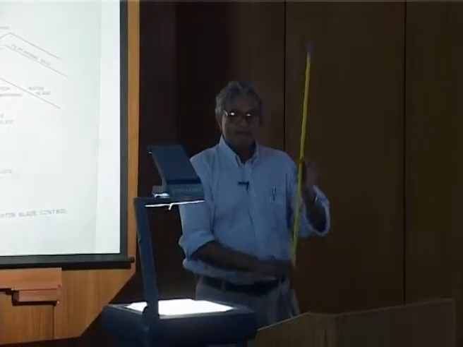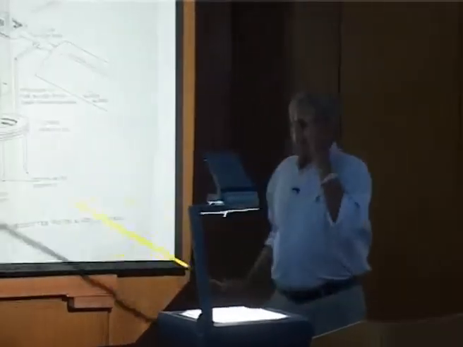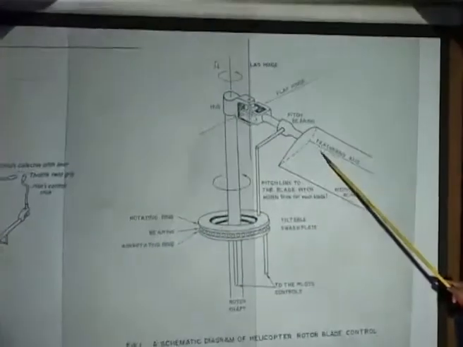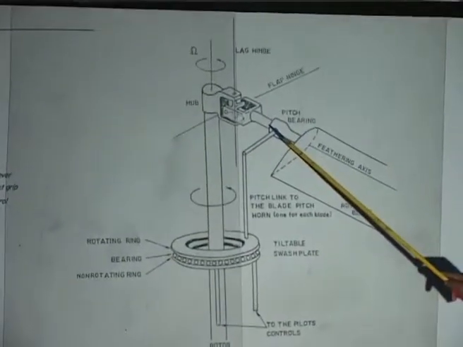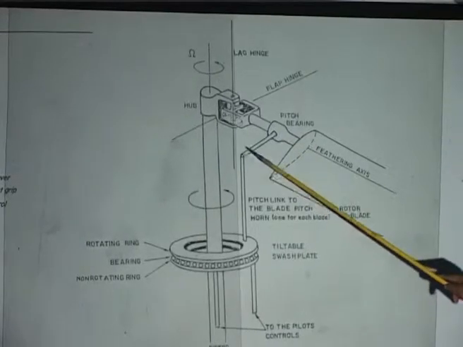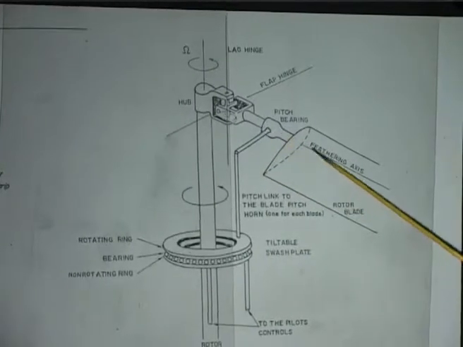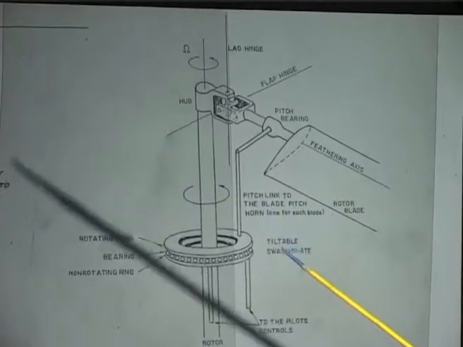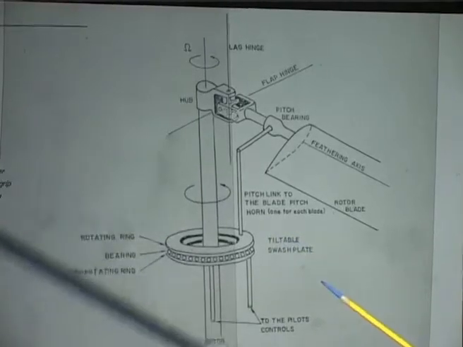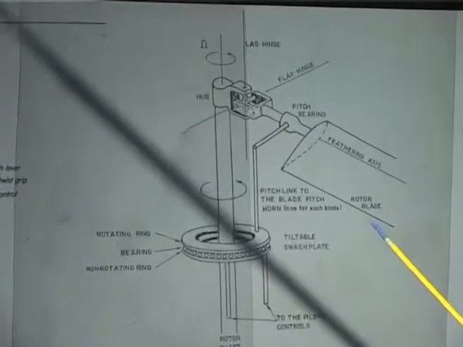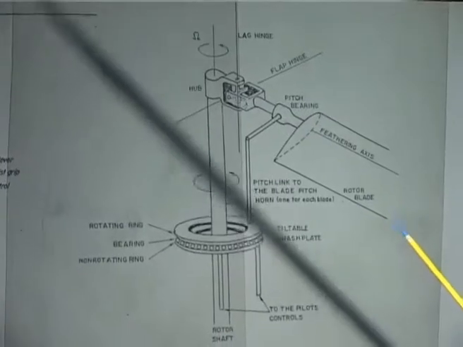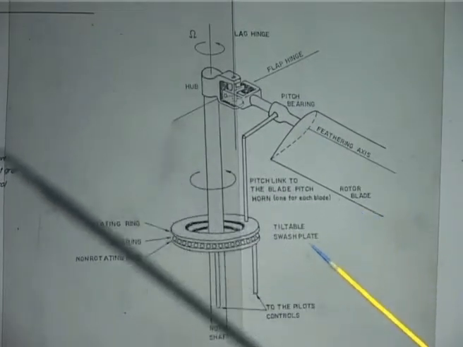When I do that, there is a pitch bearing. So, you see what happens, if I move it, this is going to rotate about the pitch axis. So, all the blades will experience the same change in pitch angle.